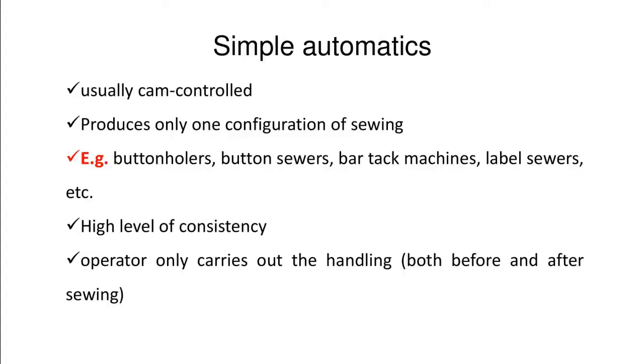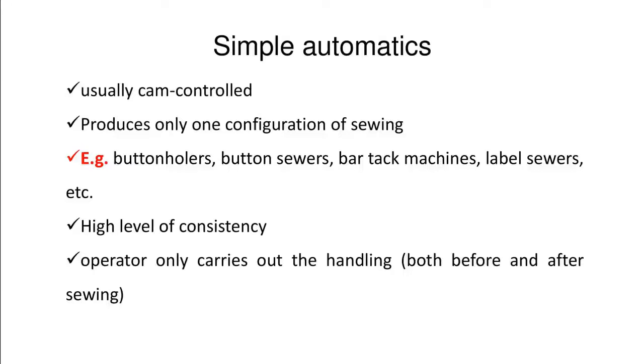Now, what we're saying here is, in case of simple automatics, the machine will do the entire job. The operator only has to place the material correctly, press a button, operation done, remove the garment, put the next one, press again. So it's as simple as that.